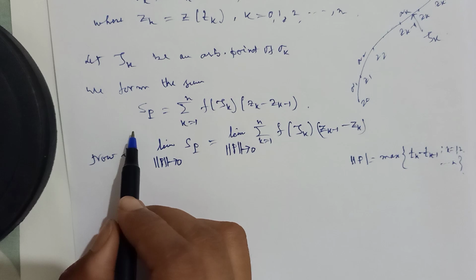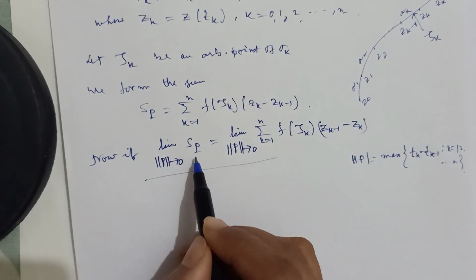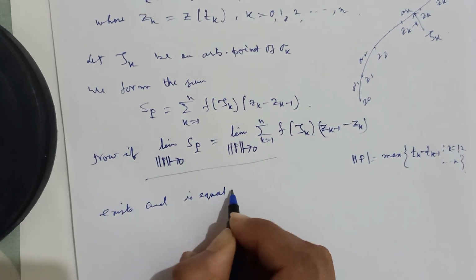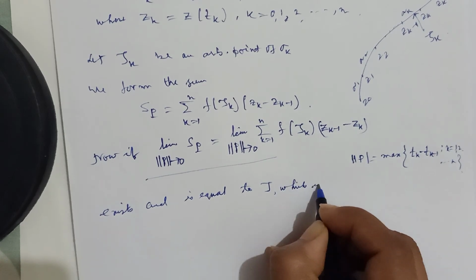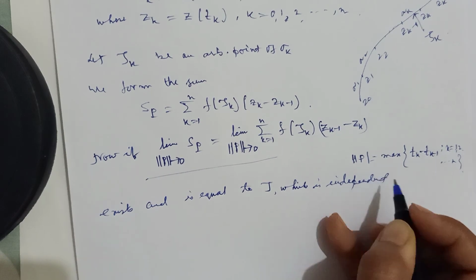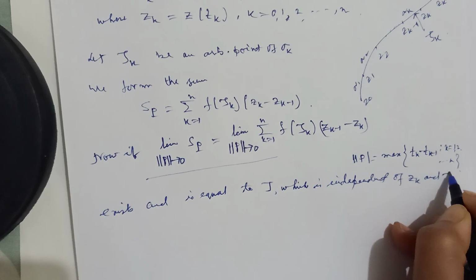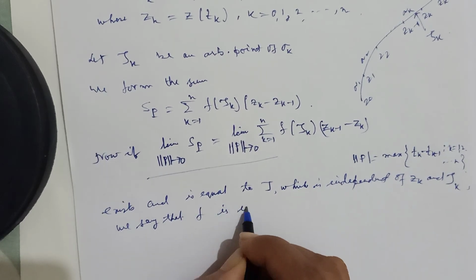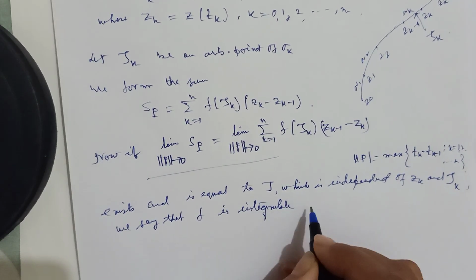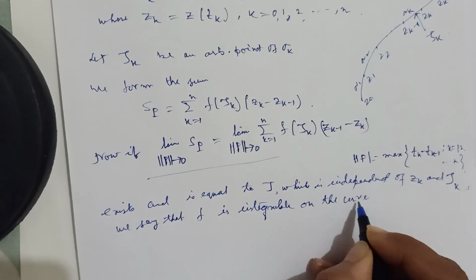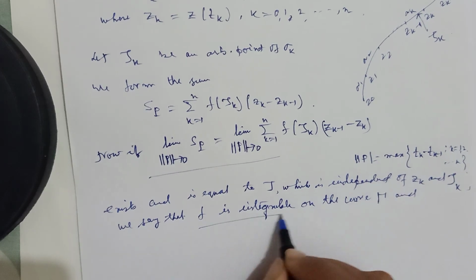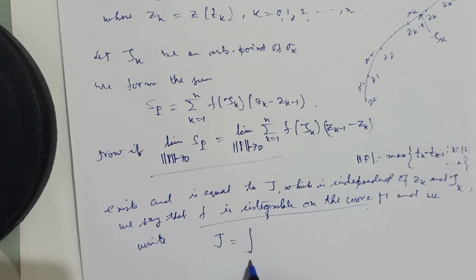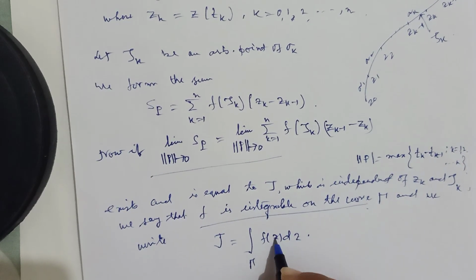If this limit of Sp exists and is equal to J, which is independent of the choice of zk and zeta k, we say that f is integrable on the curve gamma, and we write J equals to the integration over gamma of f z dz.